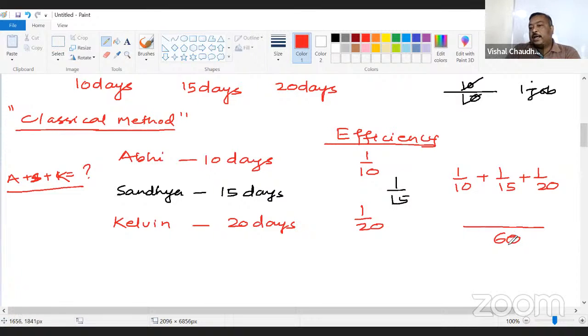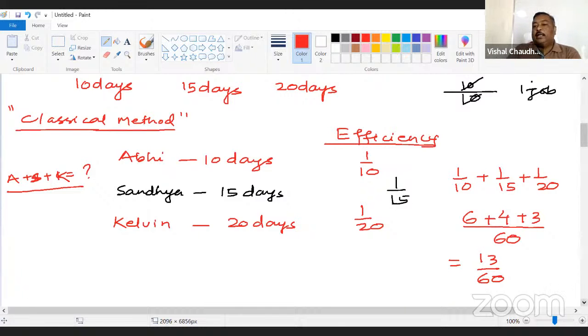So 10 goes how many times? 6 times. So 1 into 6 will give you 6. 15 goes 4 times, so 4, and 20 goes 3 times, so 3. So their combined efficiency is 13 by 60.